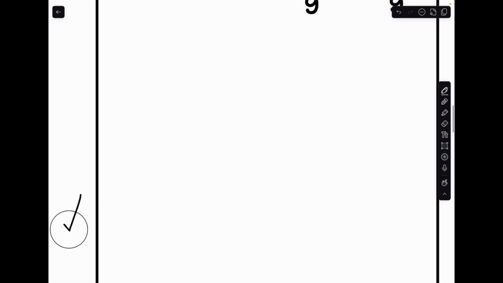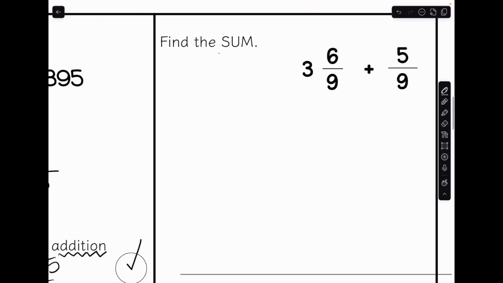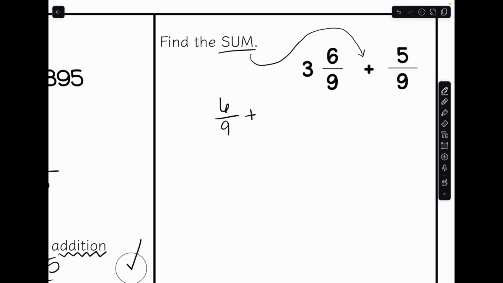And then when we come over here, we have to find the sum, which is adding, okay? So remember what we did in class. We have to start with like units first. So I'm going to first add my 6/9 plus 5/9. My denominator is going to stay the same.